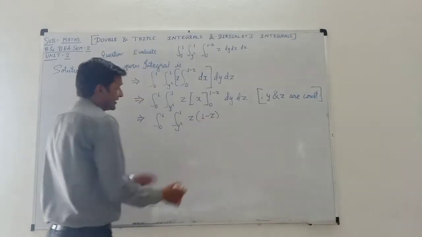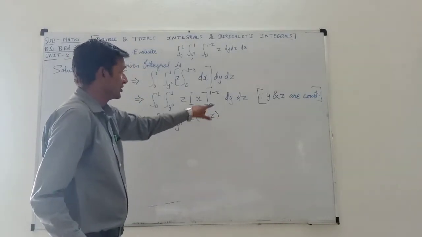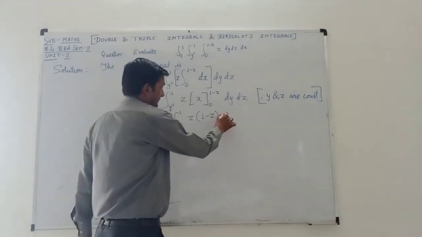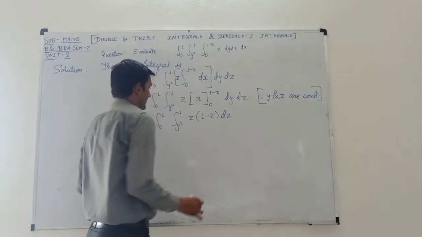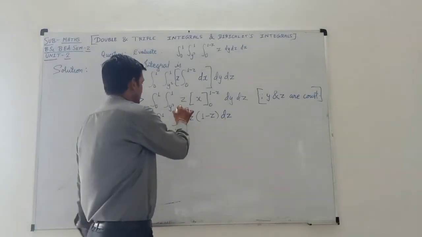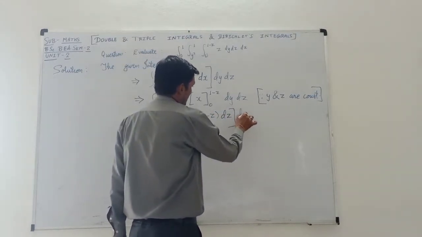Now this part is a function of z. So here we can integrate it with respect to z, as the limit is given in the form of y, with respect to y.